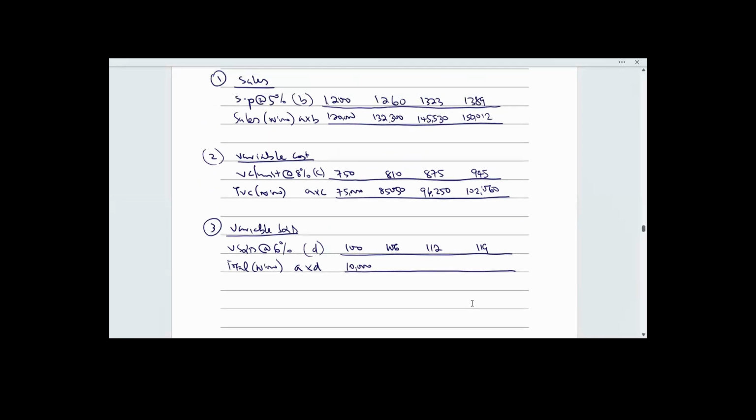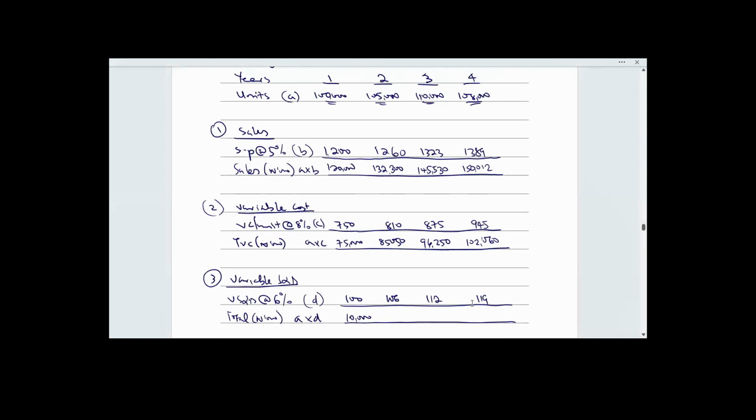Then 106 multiplied by 105 is 11,130. Next one, 110 multiplied by 112 is 12,320. The last one, 108 multiplied by 119 equals 12,852.